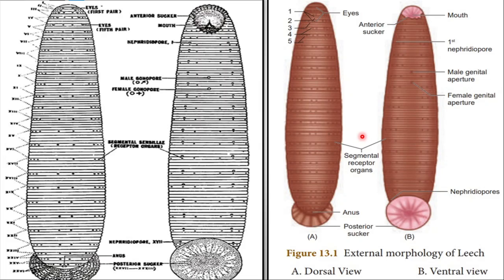Five pairs of eyes are present at the anterior end on the dorsal surface. The total body is segmented and divided into many parts. On both sides, at the anterior and the posterior end, two suckers are present.